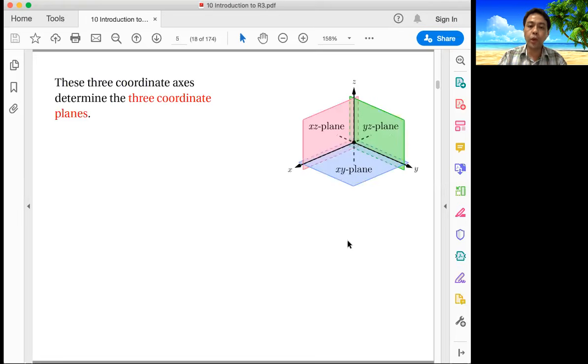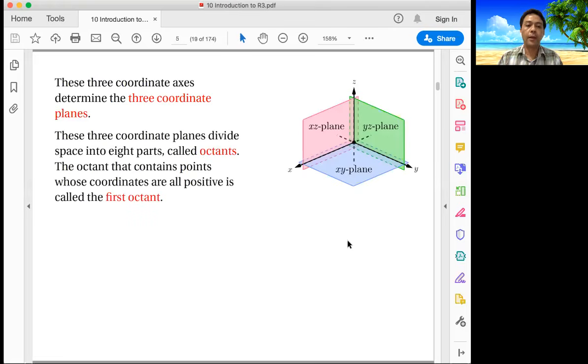These three coordinate planes divide the three-dimensional space into 8 regions, and each of these regions we call an octant. And so we have 8 octants.